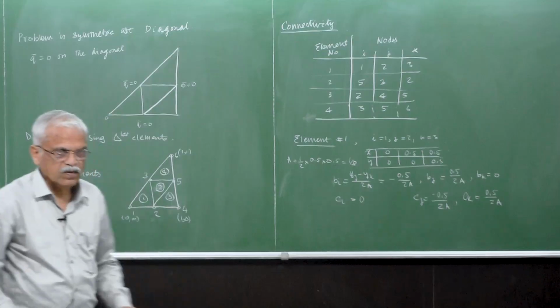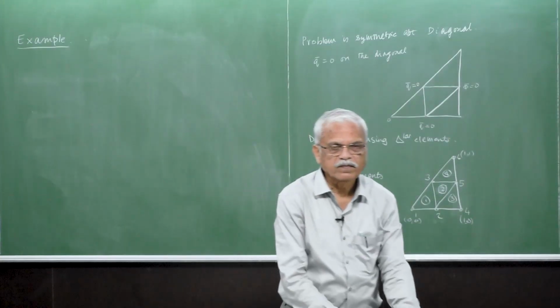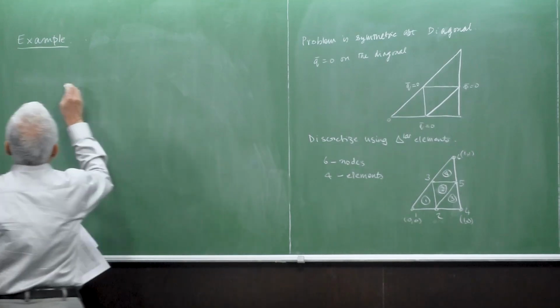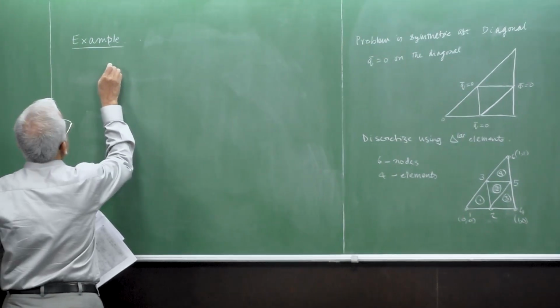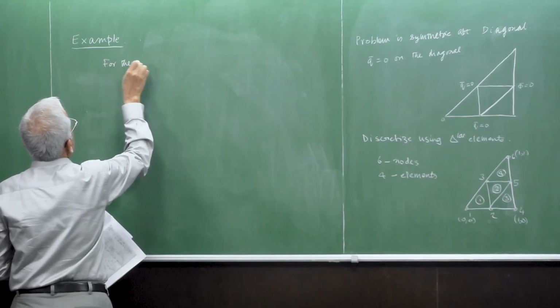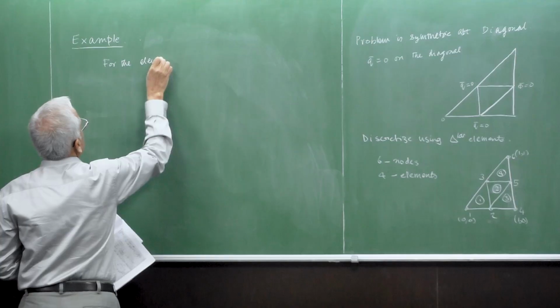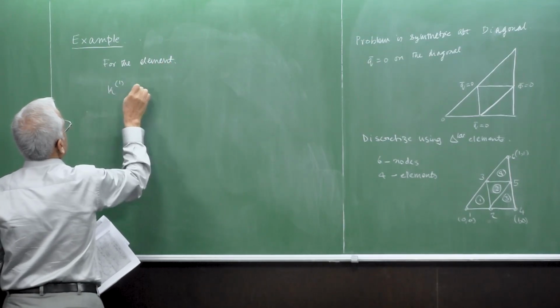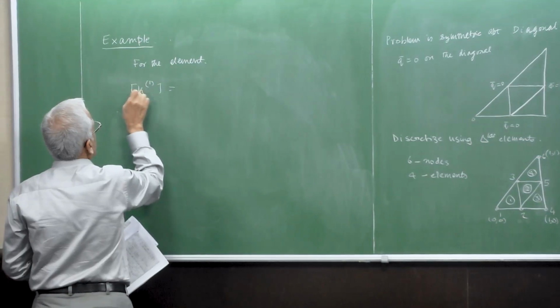And now we have the K matrix, and then you substitute that. For the element, the K matrix, we know what it is.